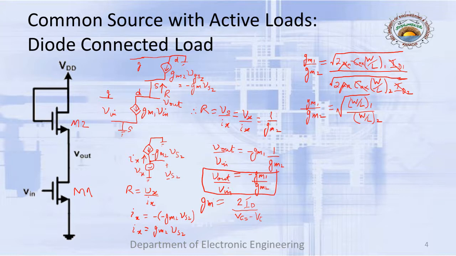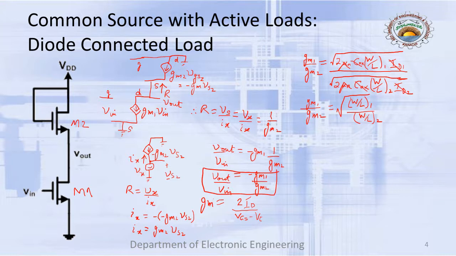Just for the understanding, I can say that this is transistor number 1, and this is transistor number 2. So Ix is equal to gm2 Vs2. Therefore, I can say that R is equal to Vx over Ix.